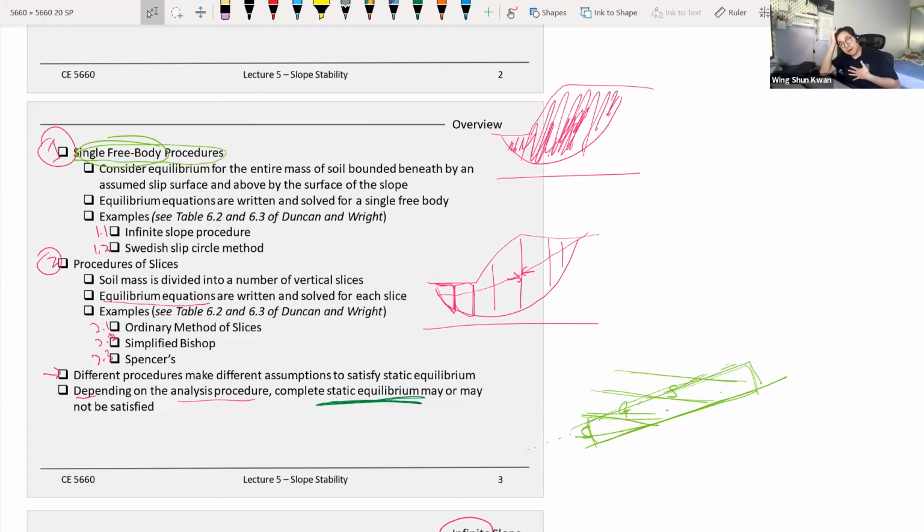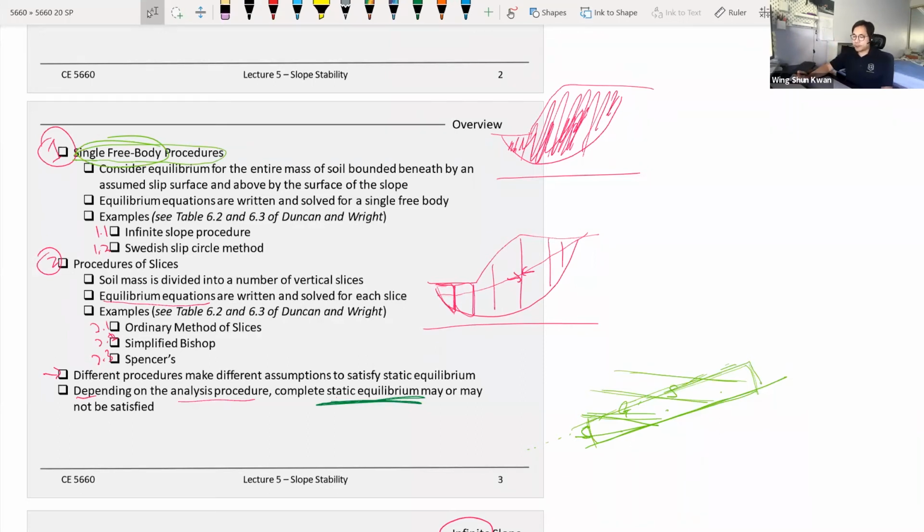For this class, the expectation is that you know the theory behind it, the different options and methods for the procedure of slices, and how each one differs from the others. That's what you are expected to know as engineers.